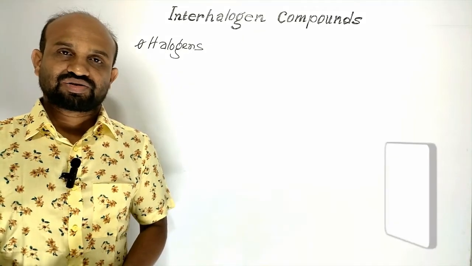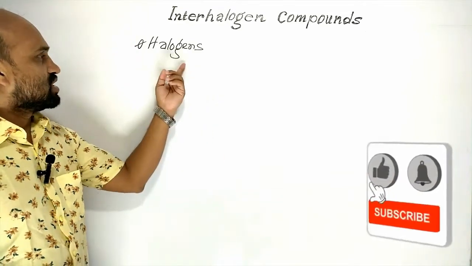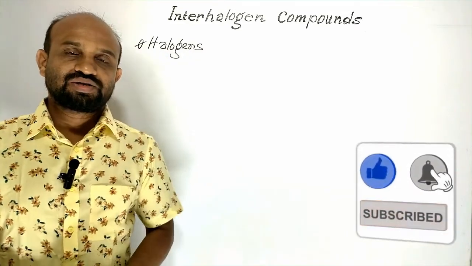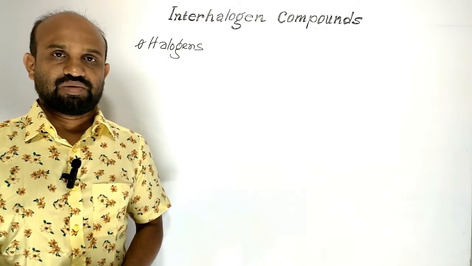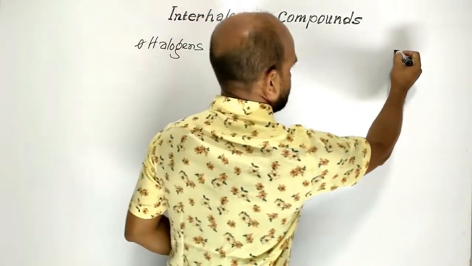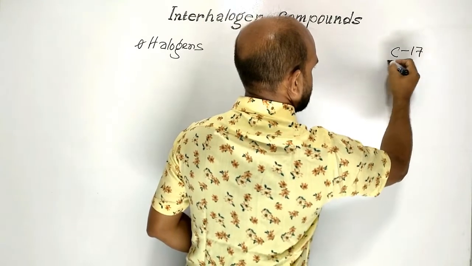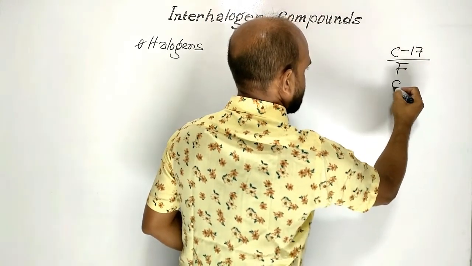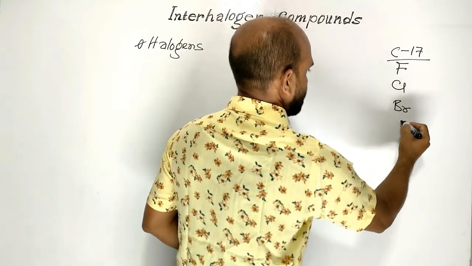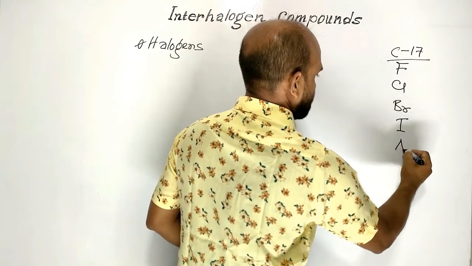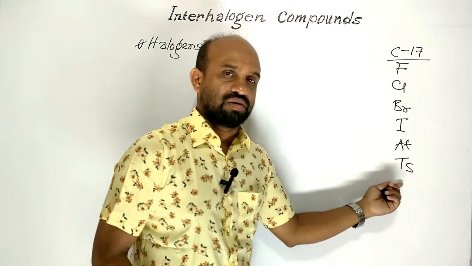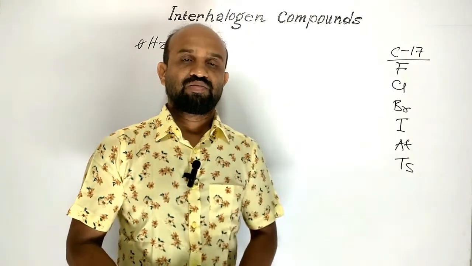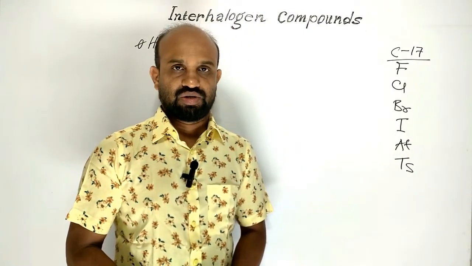First of all, let's try to learn about halogens. Let's see elements that belong to column 17 in the periodic table. Fluorine, chlorine, bromine, iodine, astatine, and finally tennessine, elements that belong to column 17 in the periodic table.